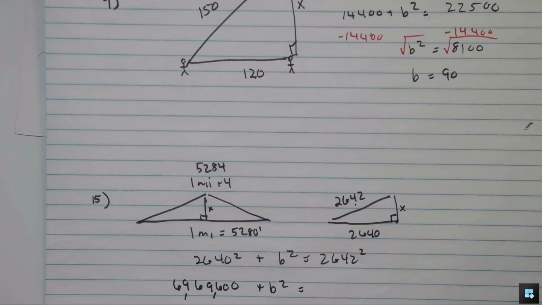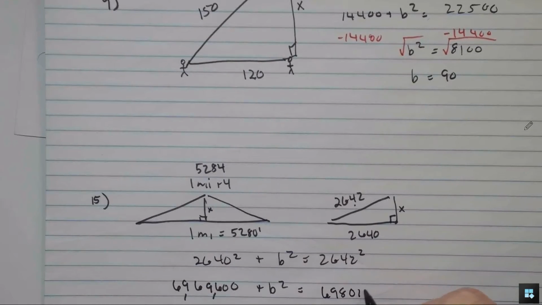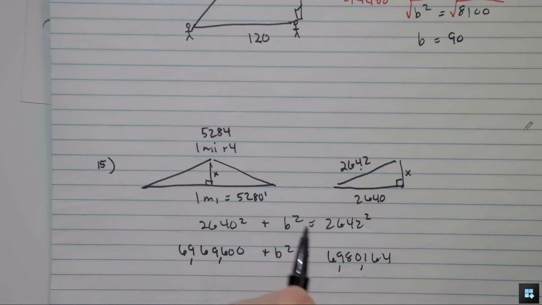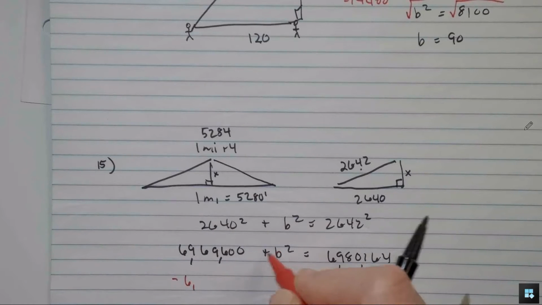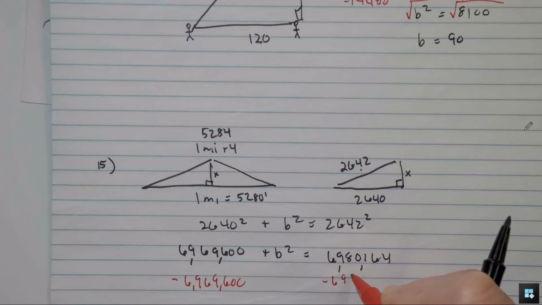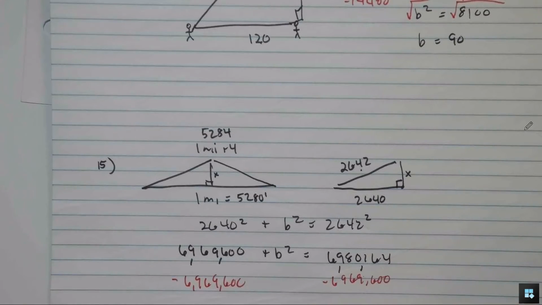Over here, 2642 squared, 6,980,164, and then we'll subtract. We're trying to get that b squared by itself, so we subtract the other value. So b squared is 10,564.